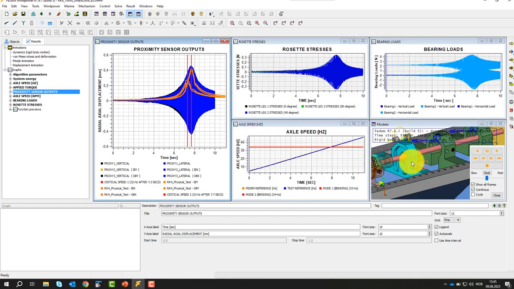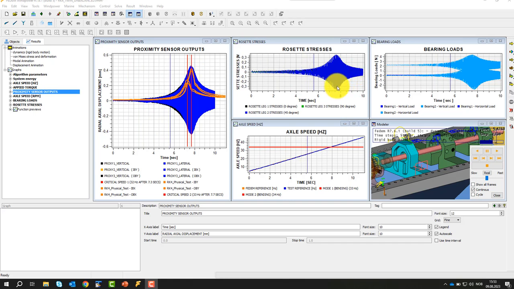So here you see all the results simultaneously, and you can now animate them after the simulation is completed. In this animation, you can see that when the applied input rotation is reaching or matching the eigenfrequencies on my system, I got critical speed and resonances, as you see here. And you will see that influences both the proximity sensors, that means the radial displacements of the axial.